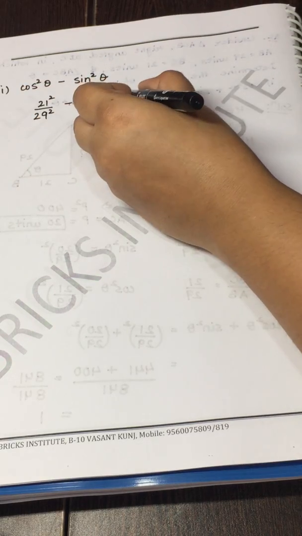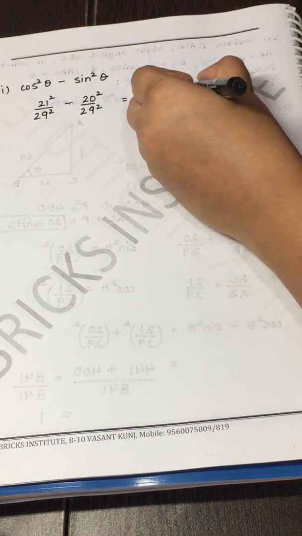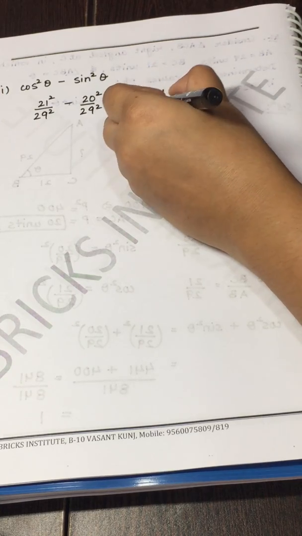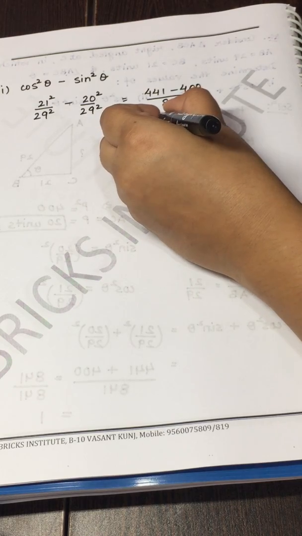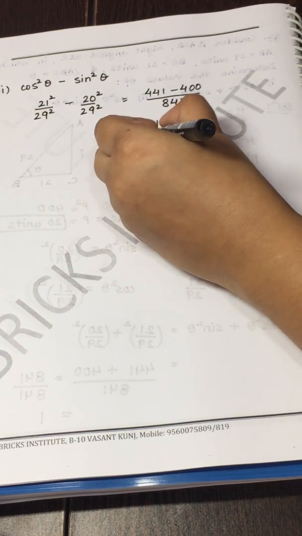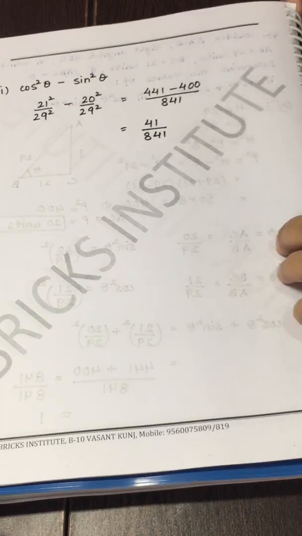Let's calculate its value. So 441 minus 400 upon 841, that will give you 41 upon 841 is your answer. Let's do the next question now.